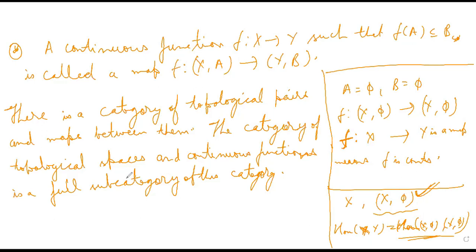Hence this category of topological spaces and continuous functions is a full subcategory because of this. Similarly, the category of pointed topological spaces and continuous functions is a full subcategory of the category of topological pairs and maps between them.